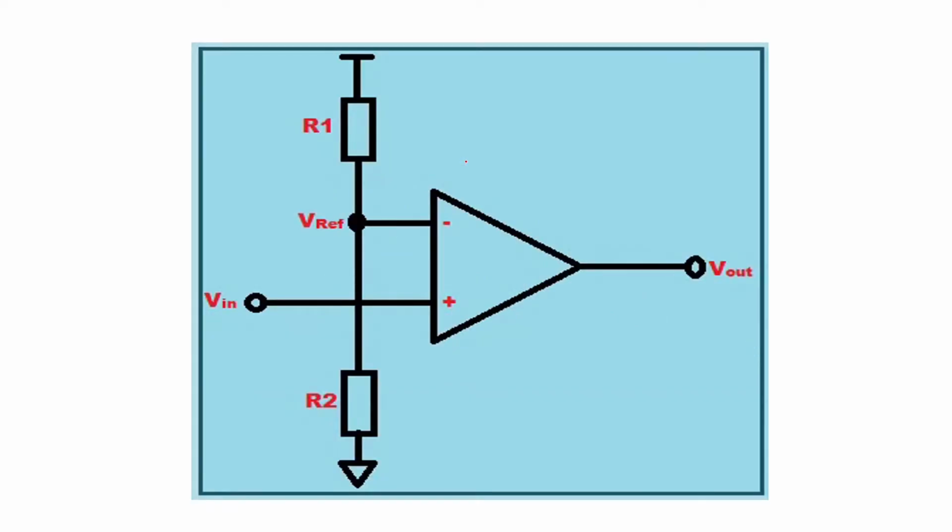Then if you go to the comparator circuit, here we have shown a simple comparator circuit. This is a comparator circuit in open loop configuration. Let some supply voltage be applied here.